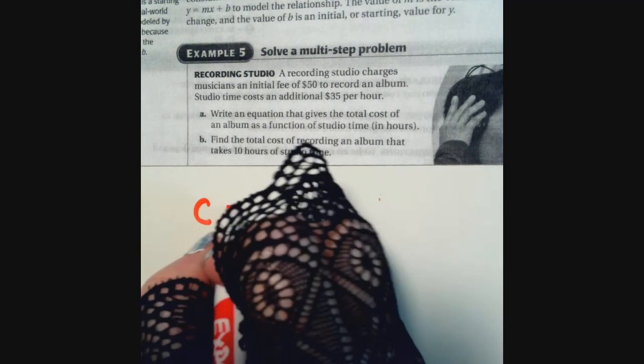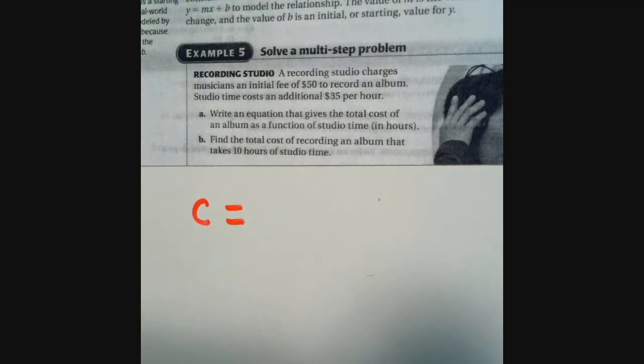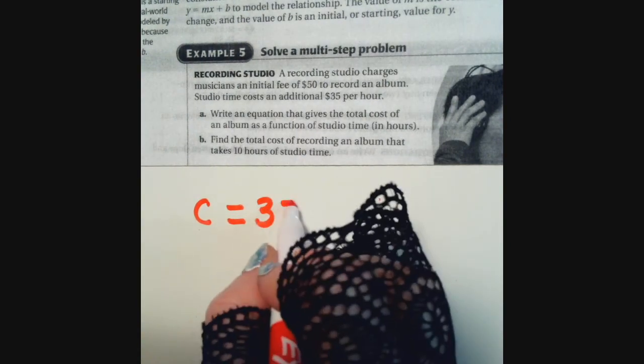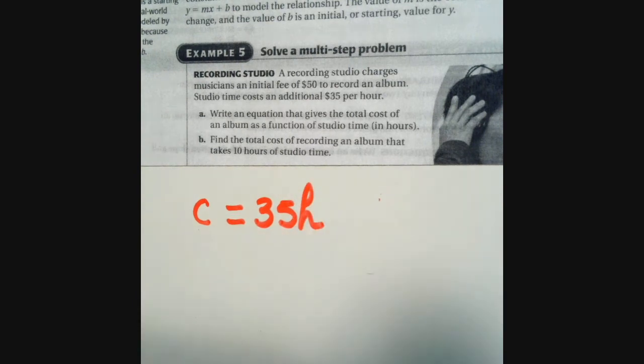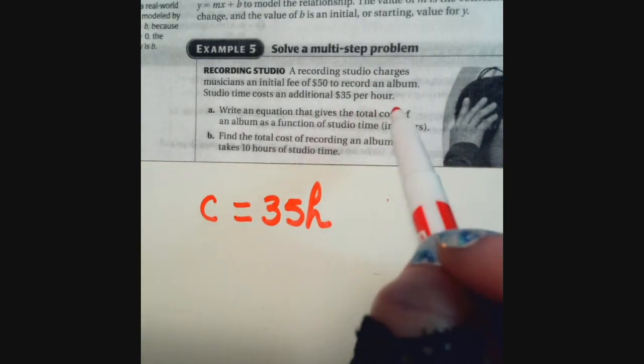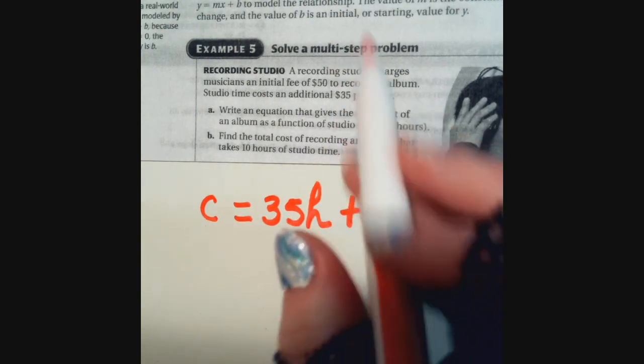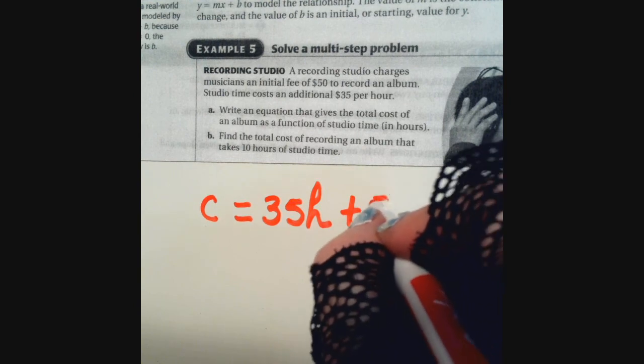So the cost is equal to, so how much is the slope? 35, right? So 35 times H, because we're using H per hour, it says right here, per hour. Plus, what was the initial cost? You can see the initial fee they tell you was 50.